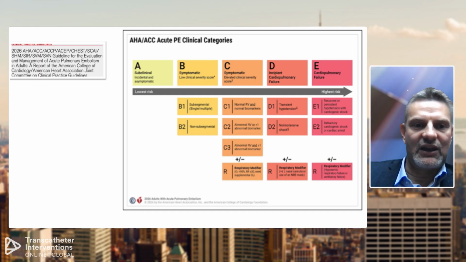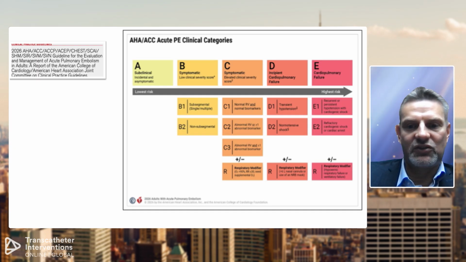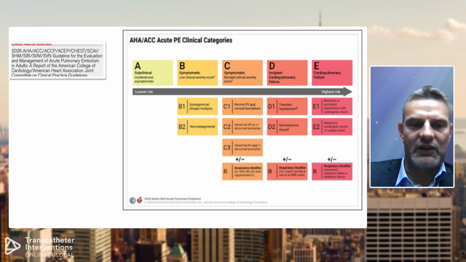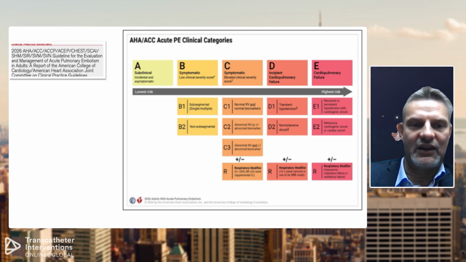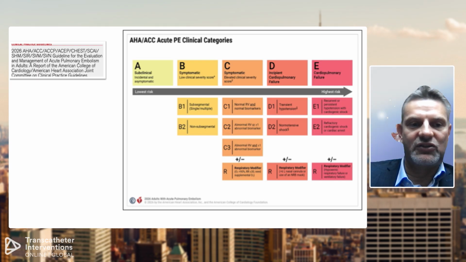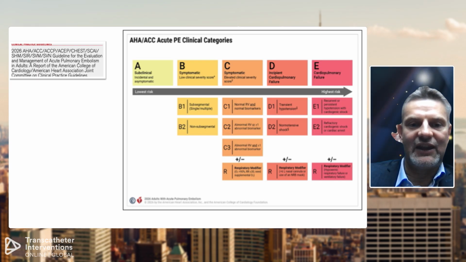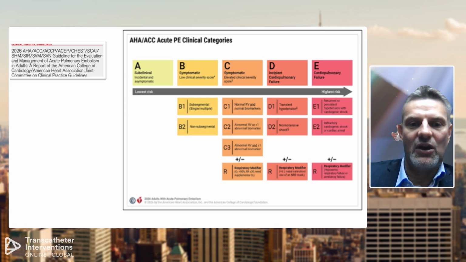We also have these clinical categories in the novel ACC/AHA guidelines, the American guidelines, showing us the new categories of risk. These are categories of risk from A to E, and we have new categories D1 and D2.